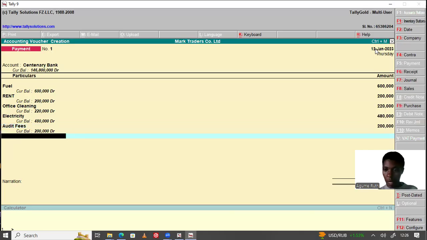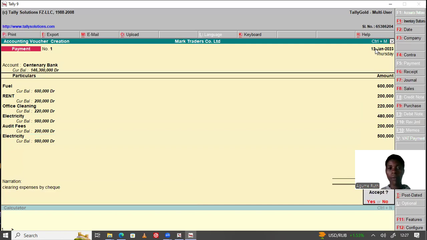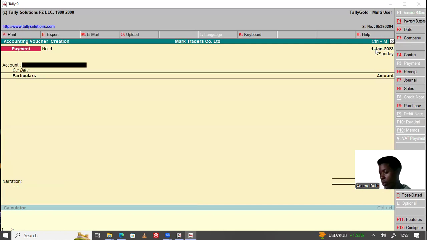Then they're paying again electricity, that is 500. Then I put in my narration as clearing expenses by check. So that transaction is over.